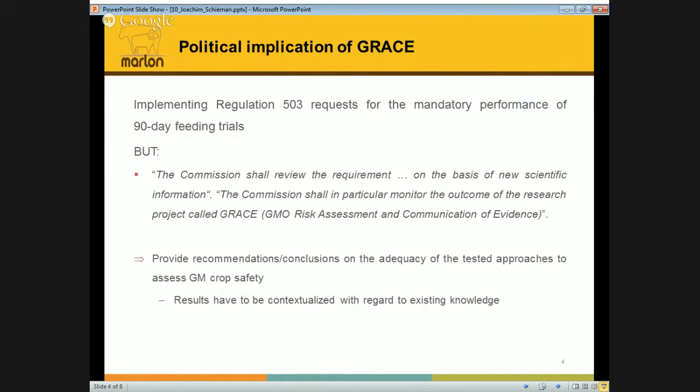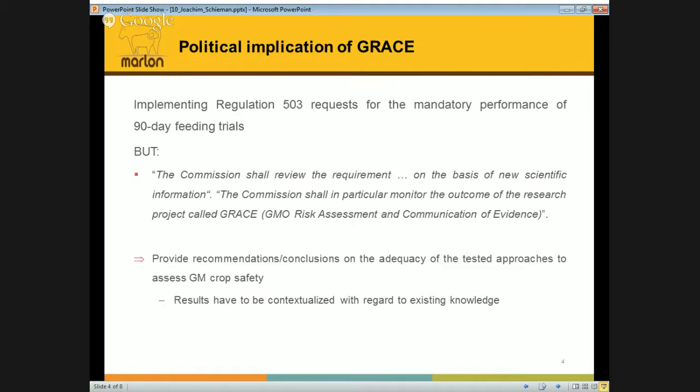The point behind this is that the implementing regulation requests the mandatory performance of 90-day feeding trials, and of course this is a matter of discussion. You might recall that EFSA had another science-based opinion on that issue.